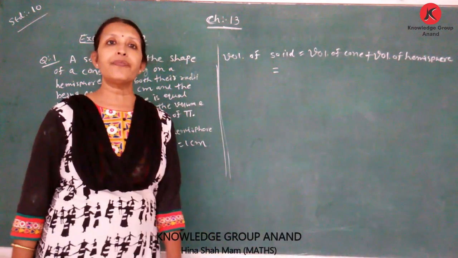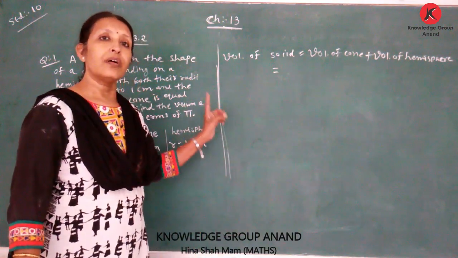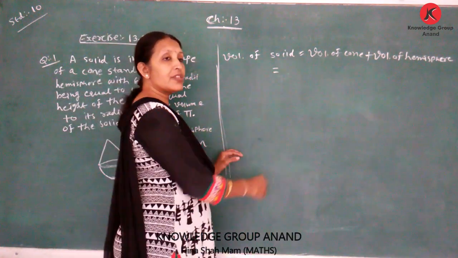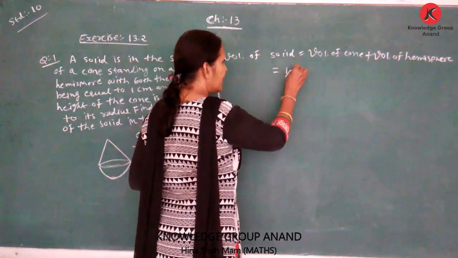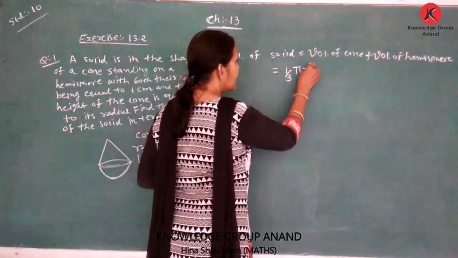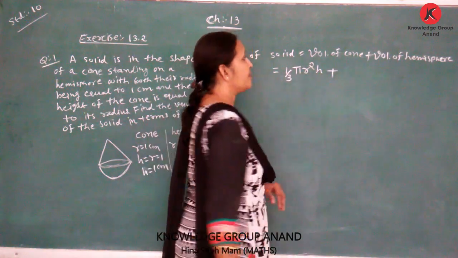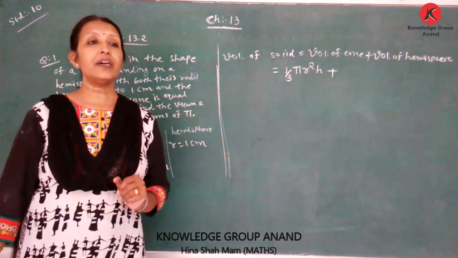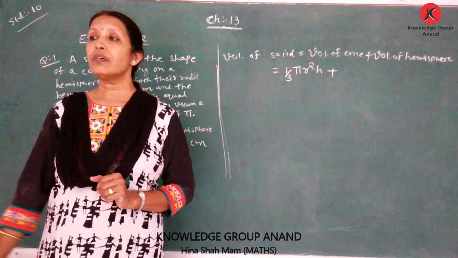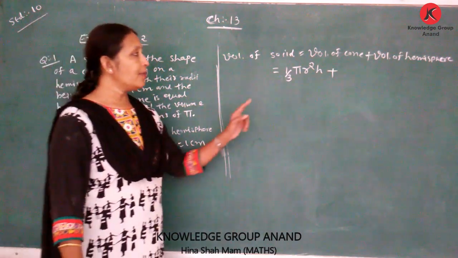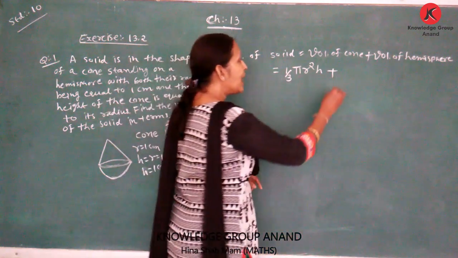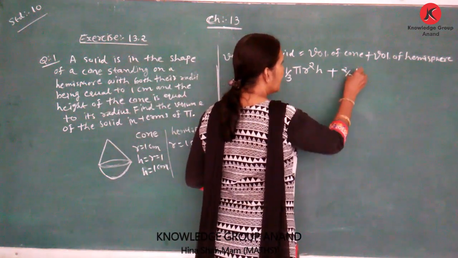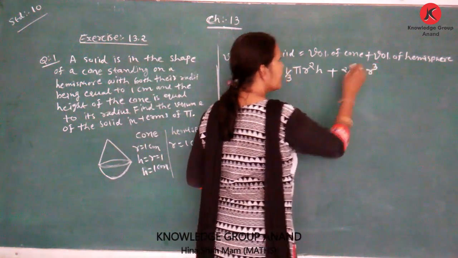What is the formula of volume of cone? Volume of cone is equal to 1/3 pi r square h. Now volume of hemisphere is equal to 2/3 pi r cube.